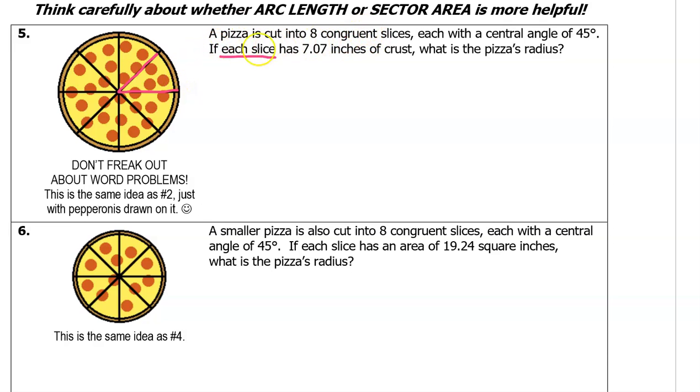So they tell us that the arc length, which is the crust on one slice of pizza, is 7.07. So we have 7.07. But they also give us the central angle. So the angle, which I've been calling theta, maybe I'll just put it over here, theta is 45 degrees.